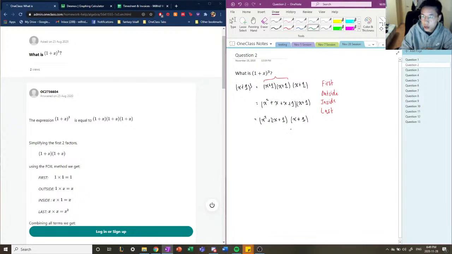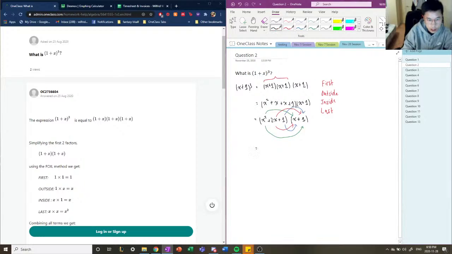The general principle of the FOIL method is that you multiply each term with all the elements of the other bracket. So multiply x squared by x and by 1, 2x by x and by 1, and finally 1 times x and 1 times 1, and add all these products together.